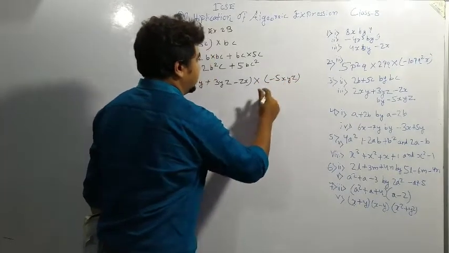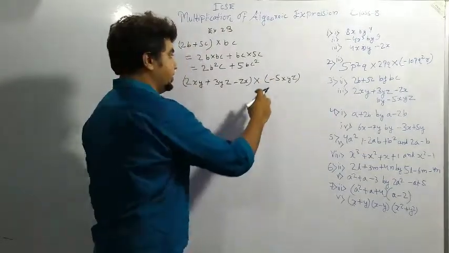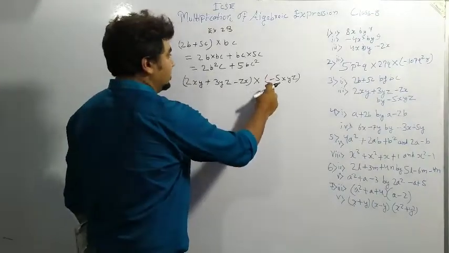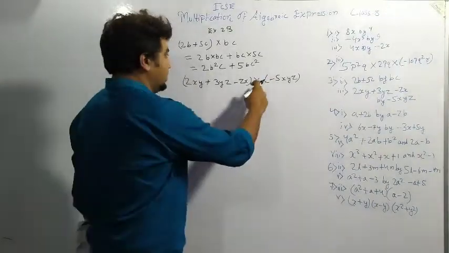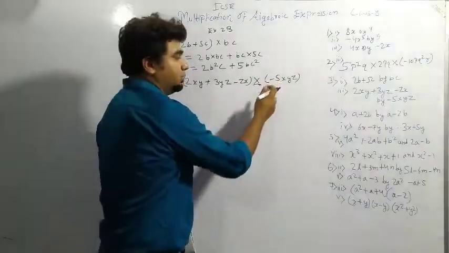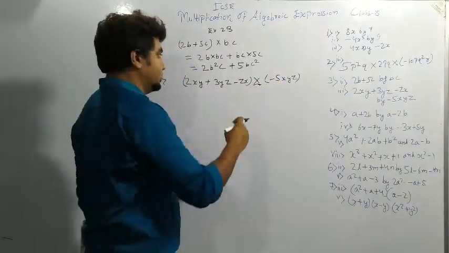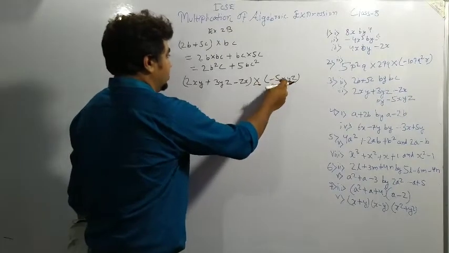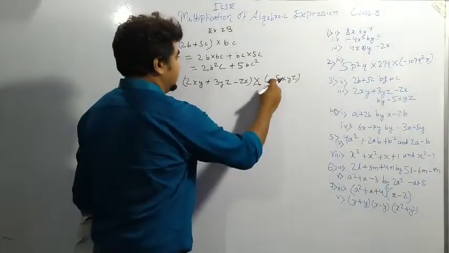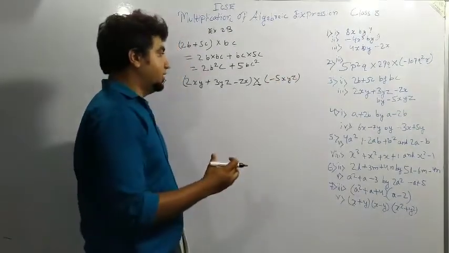Again, I am putting it in a bracket so as to minimize mistakes, because many can do minus instead of multiplication. Otherwise many will be confused and they can do minus also. So here we have to put a bracket. Whenever minus is there in the second term, you put it in a bracket.